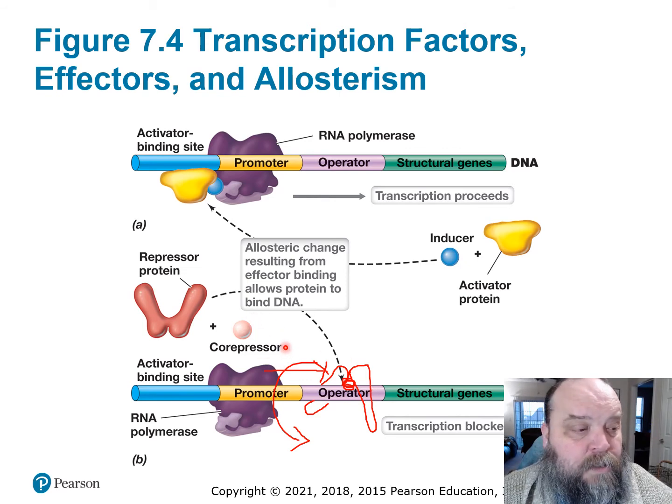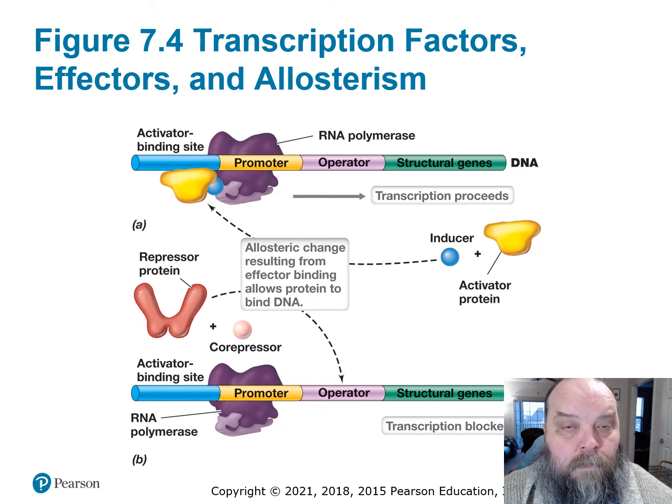Whatever this co-repressor is, if its levels drop in the cytoplasm, it will disassociate, and the repressor protein falls off. If any polymerase does bind on its own by happenstance, well, it can bind and move down along.